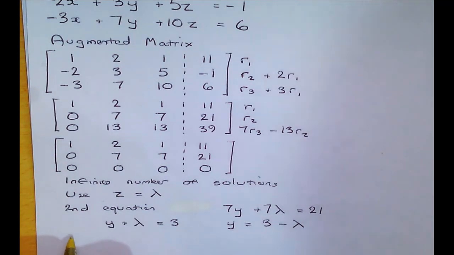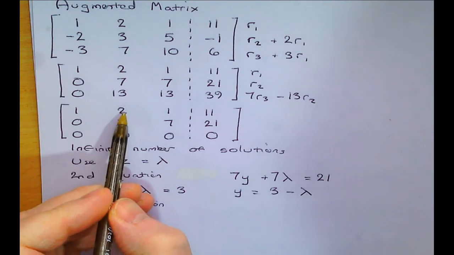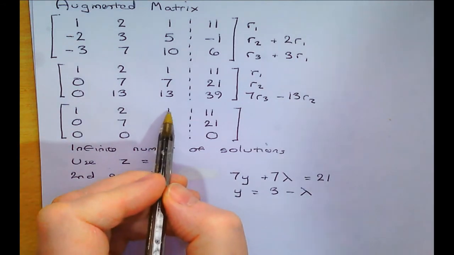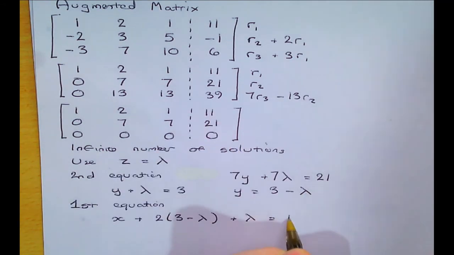Let's see what the first equation now gives us. x plus 2y, that's 2 times 3 minus lambda, plus z, which is equal to lambda, that is equal to 11.